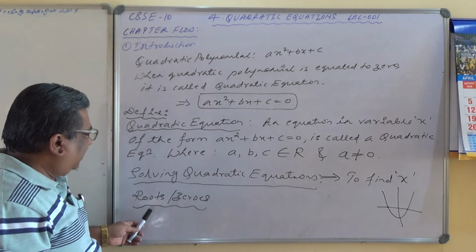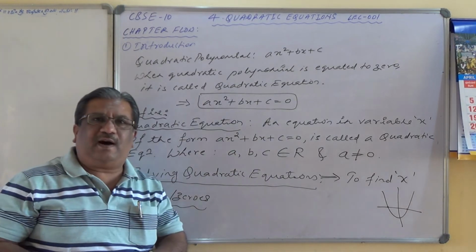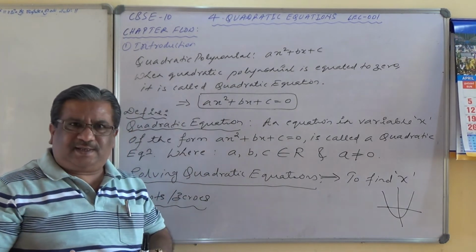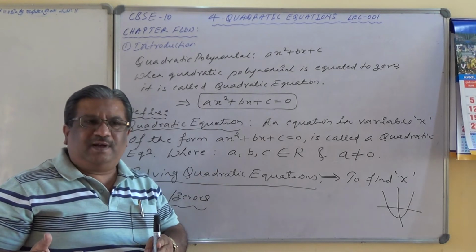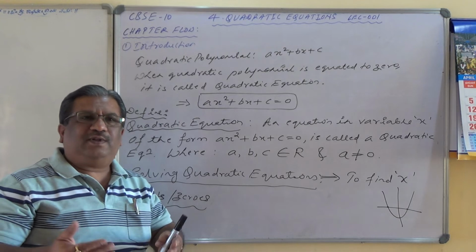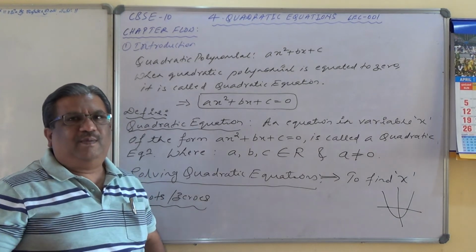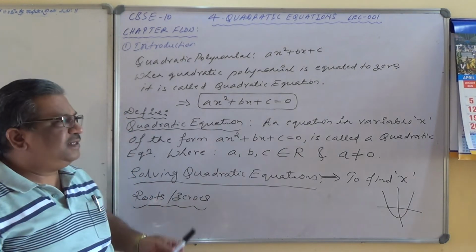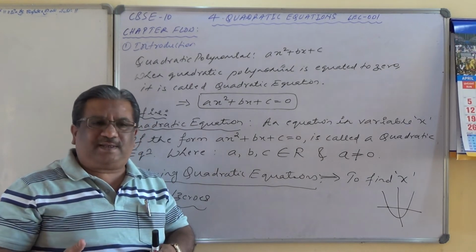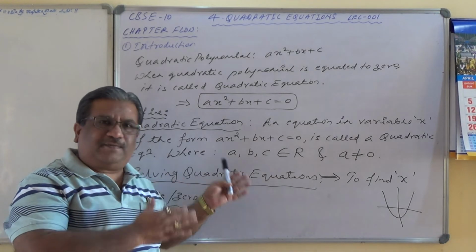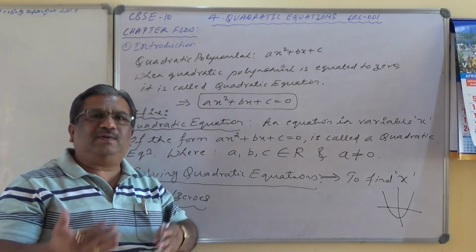Roots or zeros are those values of x which, if substituted in the left hand side of a quadratic equation, make it equal to the right hand side.